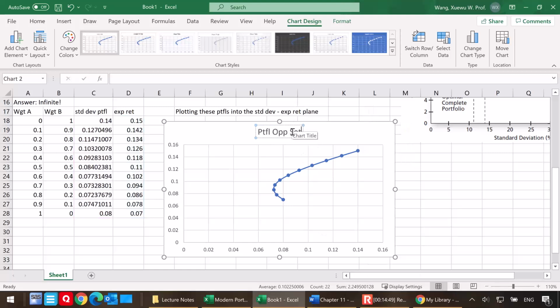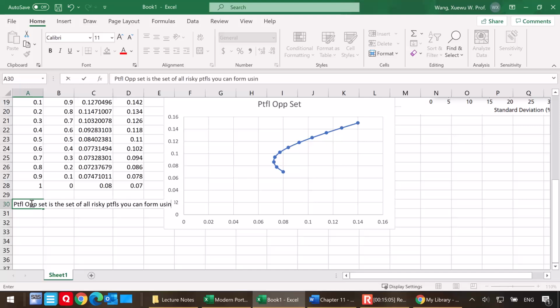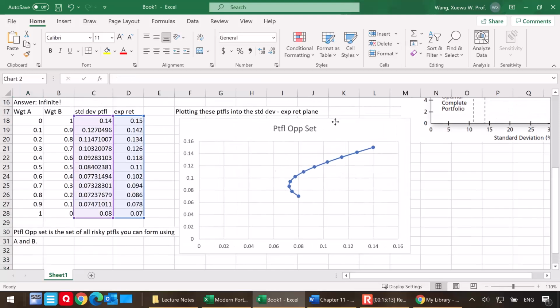That's something you have discussed in your Finance 310 already. So the portfolio opportunity set, let me define this. The portfolio opportunity set is the set of all risky portfolios you can form using A and B. This is a very famous shape.